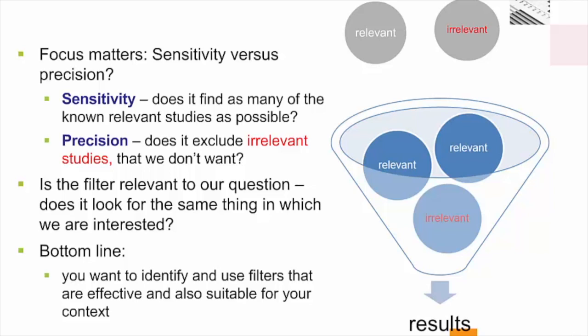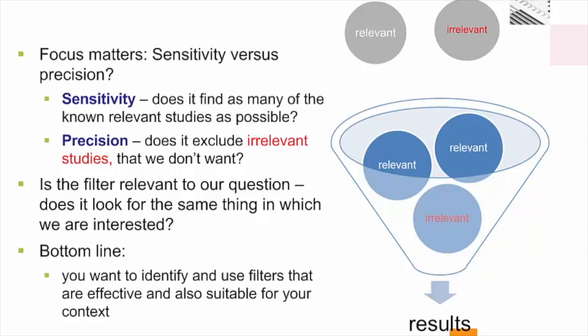So when we're looking at a filter and we're reading the paper that describes the filter or the notes about the filter, what we're trying to decide is, is the filter relevant to our question, and does it address the perspective that we're interested in? Are we interested in finding as many relevant studies as possible, or are we really interested in finding some relevant studies and excluding as many irrelevant studies as possible?